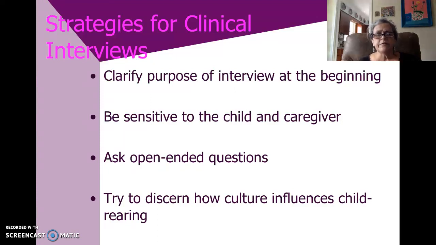You want to be sensitive to the child and the caregiver, and this includes understanding cultural influences. In some cultures, they basically carry the child for the first year. In some cultures, they don't think children should be able to feed themselves until they're 3. In some cultures, it's very impolite to disagree with someone or argue with someone, and so you have to be careful about how you ask questions.